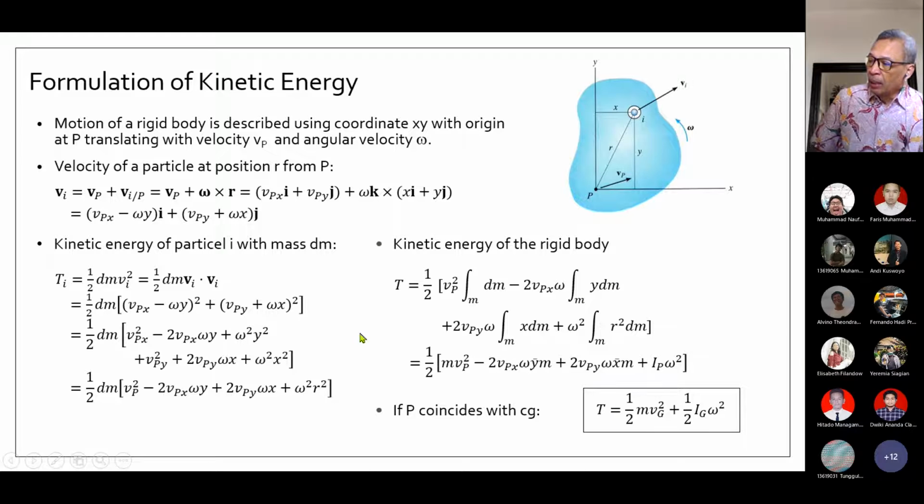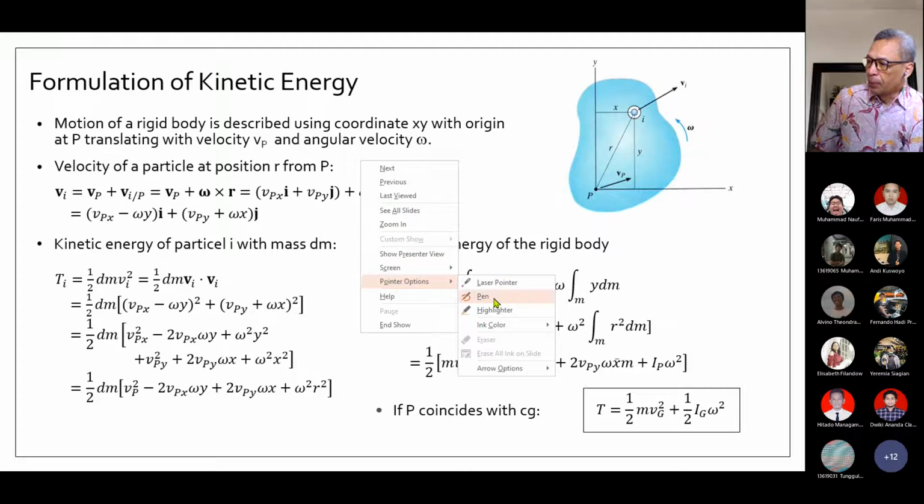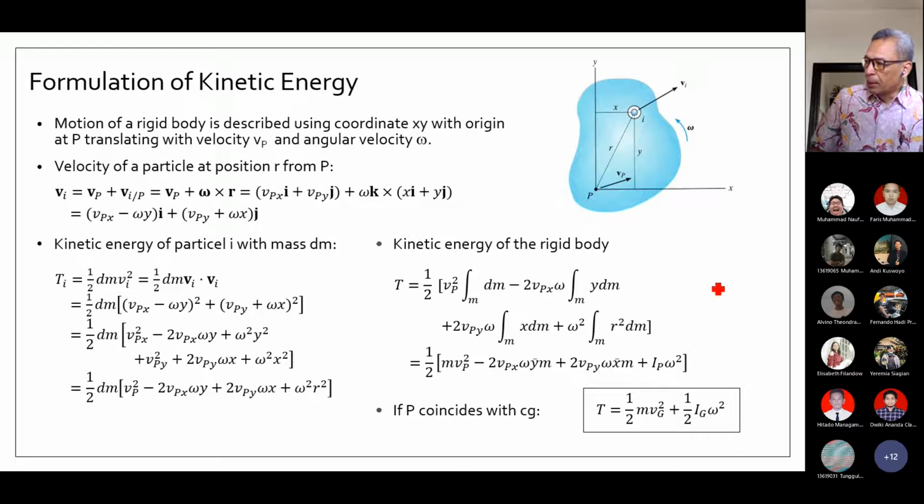You have to use the general equation. The general equation is longer and not easy to remember, and if you want a simpler equation, just use this one. But you have to realize that this is valid only if you use the center of mass as your reference point.